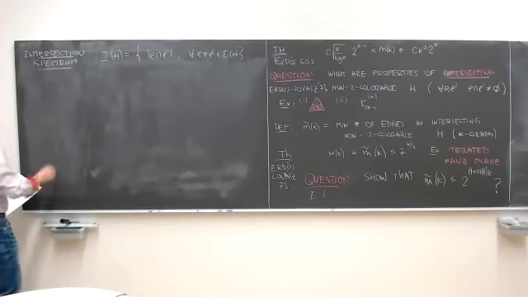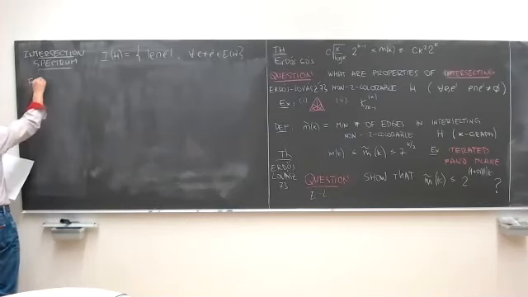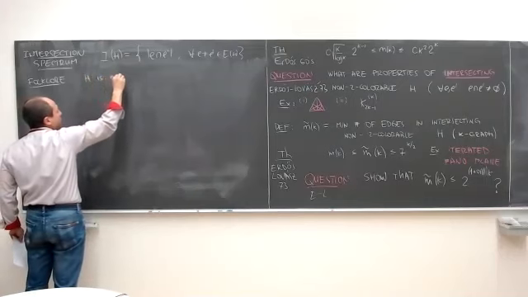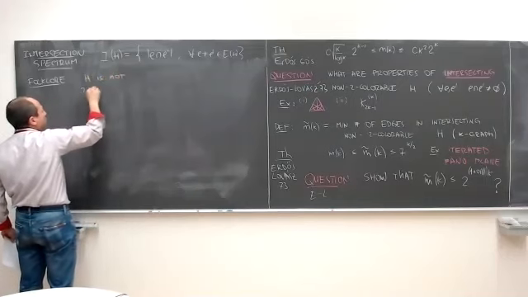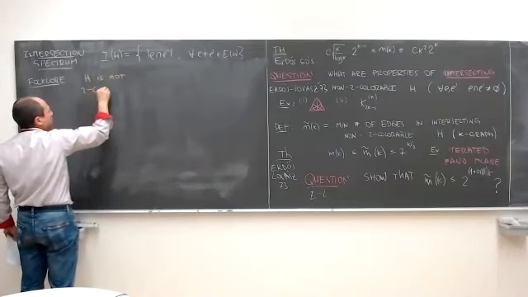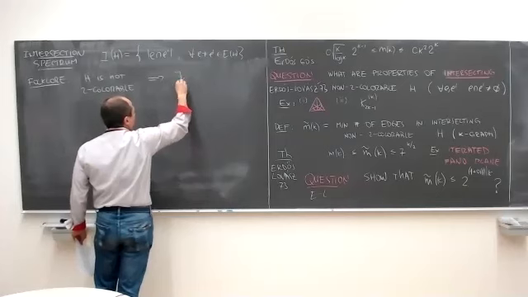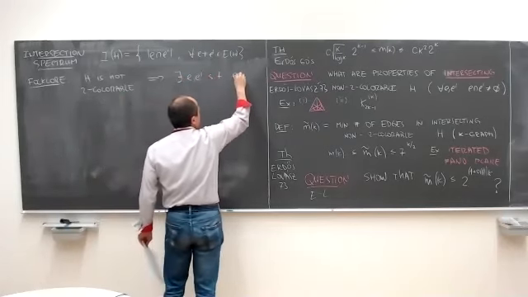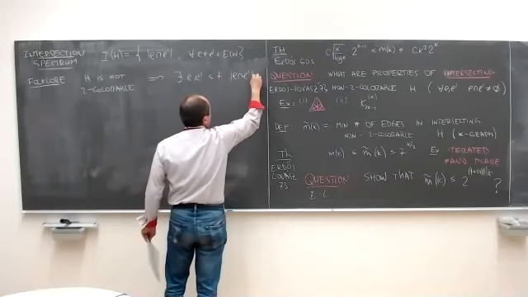Now remember that there is a folklore result which says that if H is not two colorable, then there is a pair of edges E and E prime such that the intersection is of size 1.